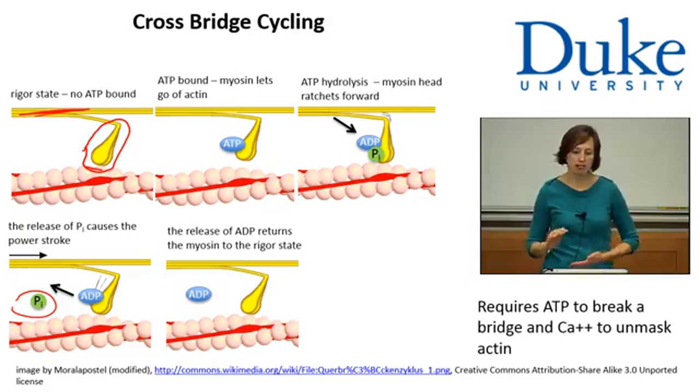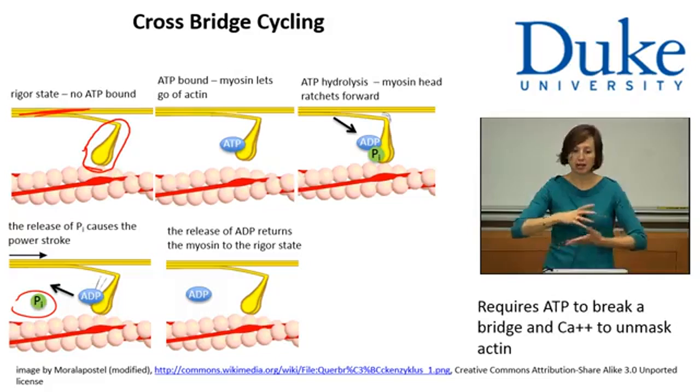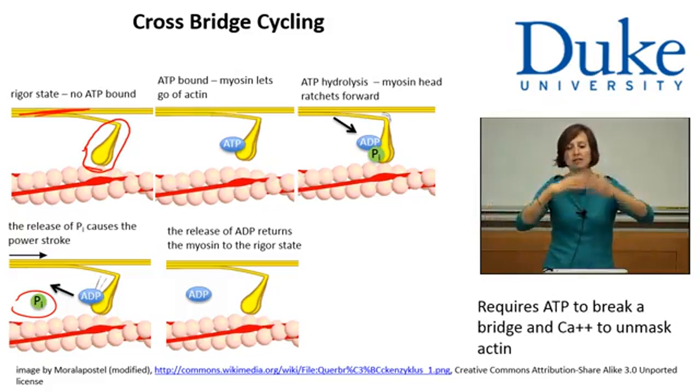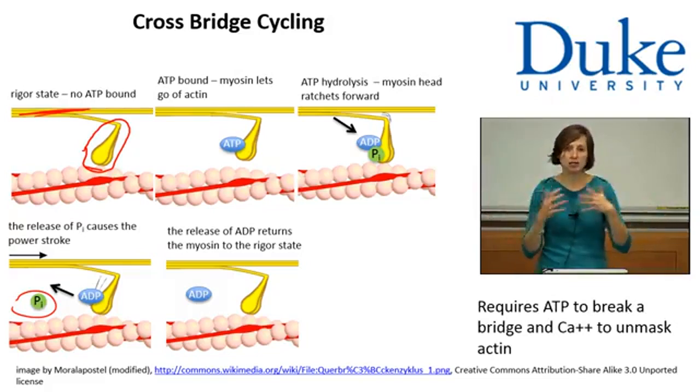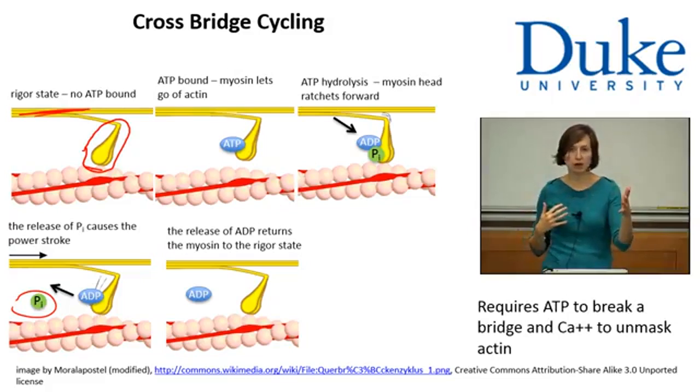Keep in mind that when this particular myosin head lets go during the cycle, that's okay. It's not like we're going to go back to a relaxed state, because in this thick filament we have many, many myosin heads acting on the actin non-synchronously, so that when one head has let go, there'll be another head in a different part of the cycle.